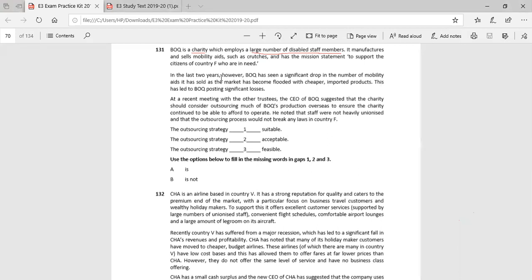Who are the stakeholders here? We see that at a recent meeting with the other trustees, the CEO of BOQ suggested that the charity should not consider outsourcing. One stakeholder is employees, another stakeholder is the trustees. They are okay, so it is not acceptable with them.